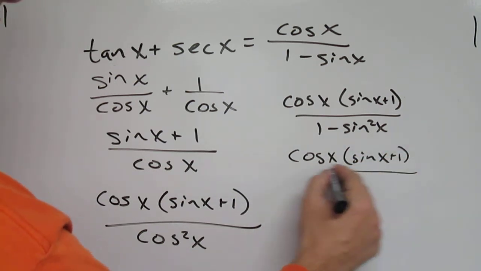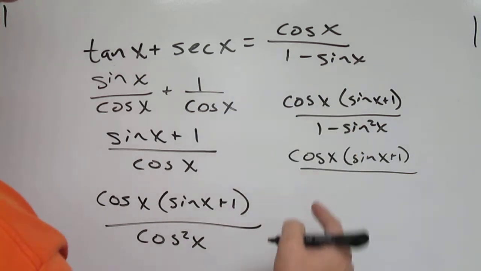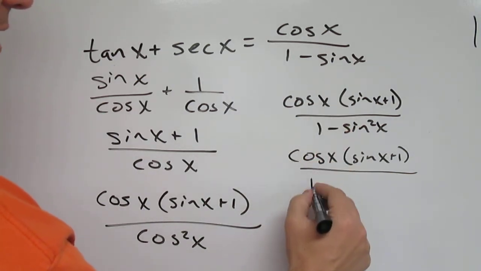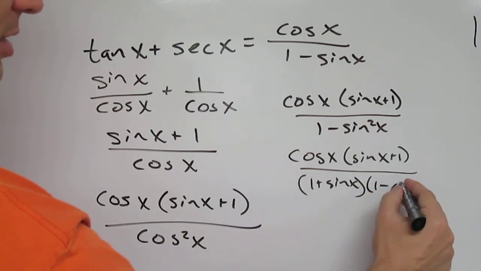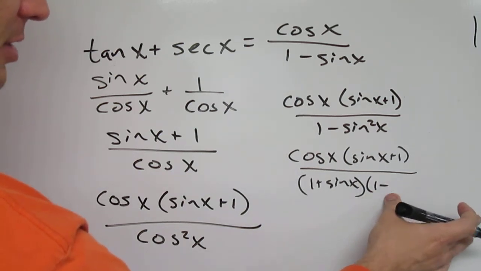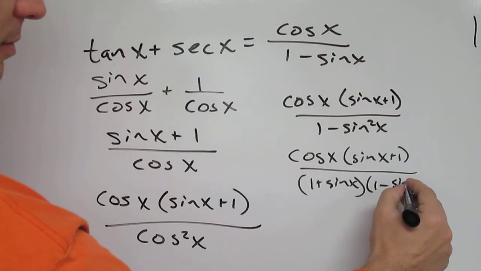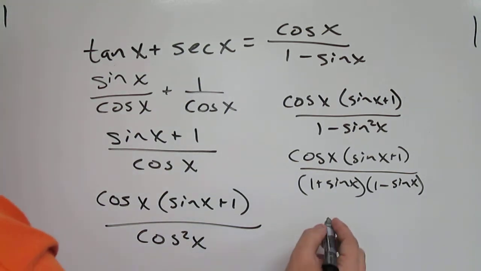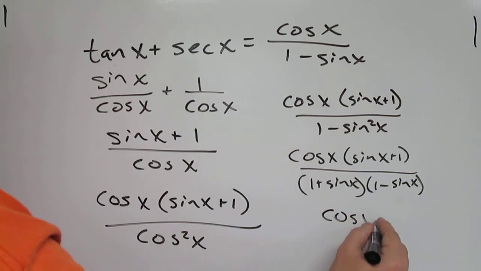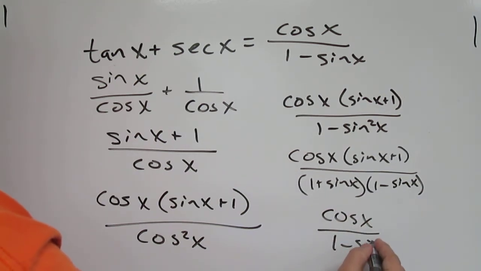Notice, by the way, that I haven't distributed because I don't want that distributed. But this is the same as 1 plus the sine of x, 1 minus the sine of x. Sine of x plus 1 and 1 plus the sine of x, that is the same thing. So those would cancel, and so I would end up with cosine of x over 1 minus sine x.